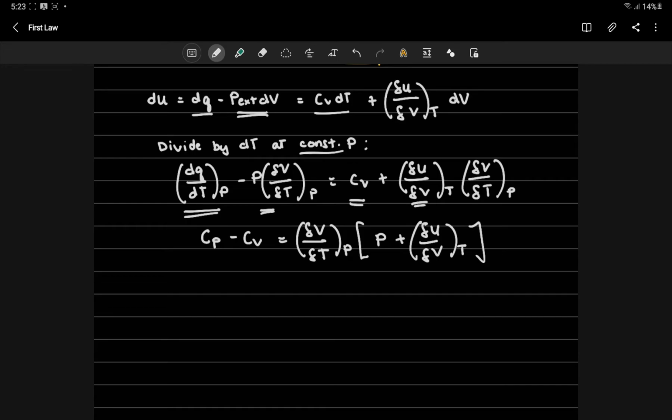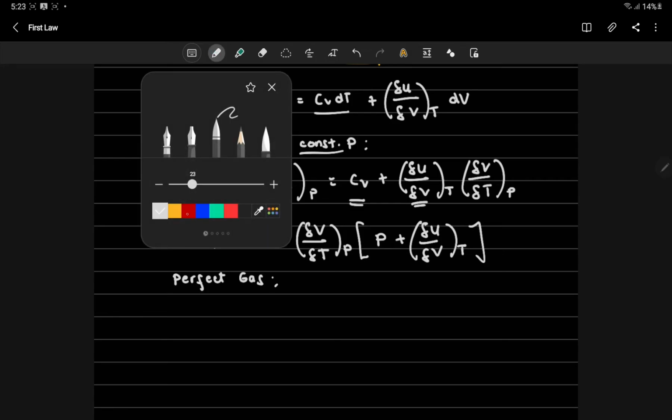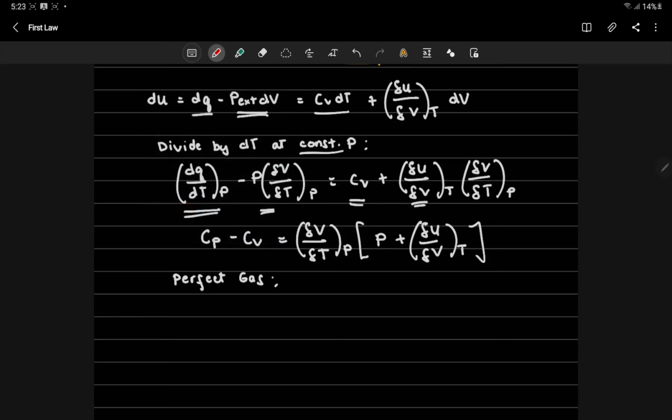Paano kapag perfect gas ang pinag-uusapan na natin? Ideal gas. So, kung ganon, ang mangyayari is, remember, this term here will be equal to 0. So, makakancel siya. Tandaan nyo yun, di ba? Nakita natin yan kanina or in the previous lecture video, na partial of U with respect to V at constant T is 0 for a perfect gas.